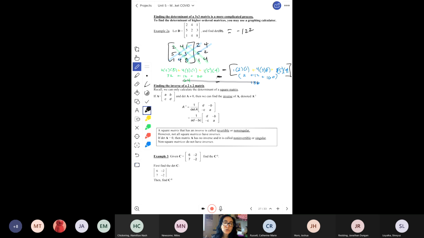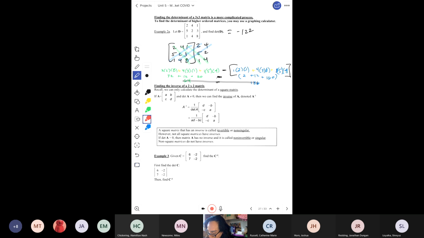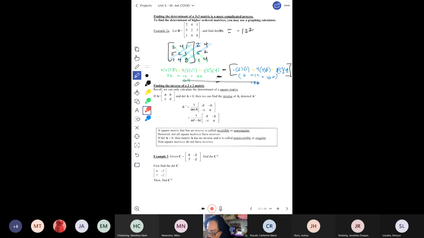Well, the first thing you want to do is you want to calculate the determinant. Because if the determinant is 0, there is no inverse. That's important. Let's go ahead and specify that now. You can only find the determinant of a square matrix. However, not all square matrices have inverses.